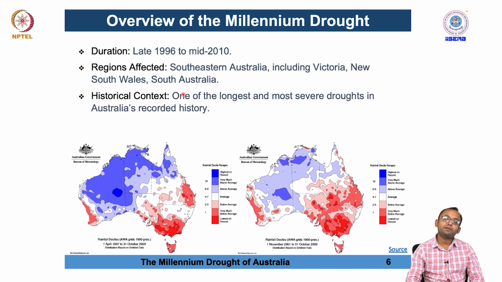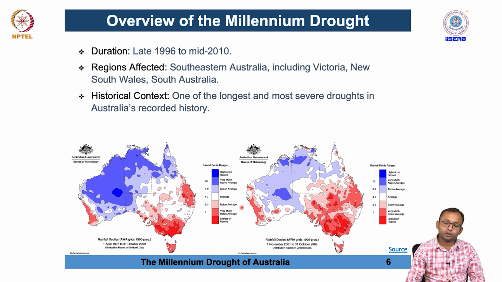The primary reason behind this drought event was that it was among the longest and most severe droughts, driven by a very long period of very low rainfall in different parts of Australia. If you look at these images, they show the rainfall deficit regions.